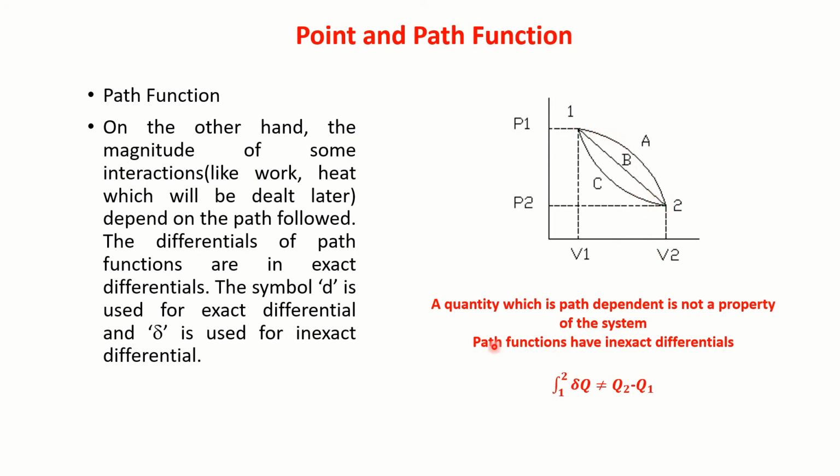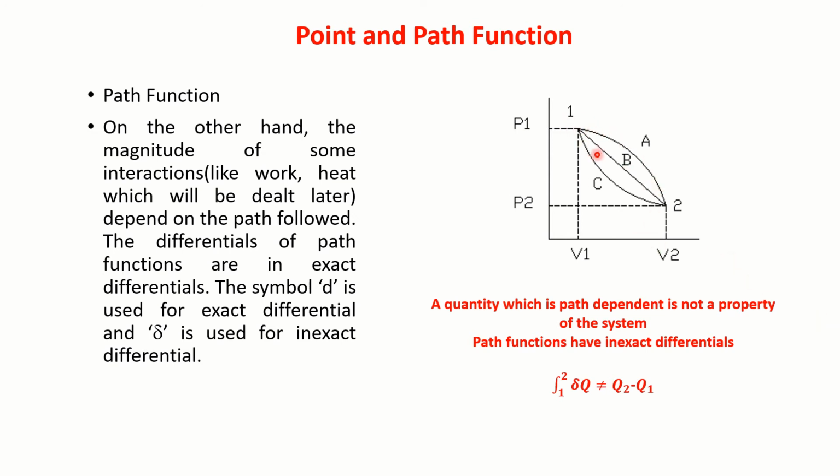Such a quantity we call a path function. A quantity which is a path function is not a property of the system. For example, work is a path function and not a property of the system.